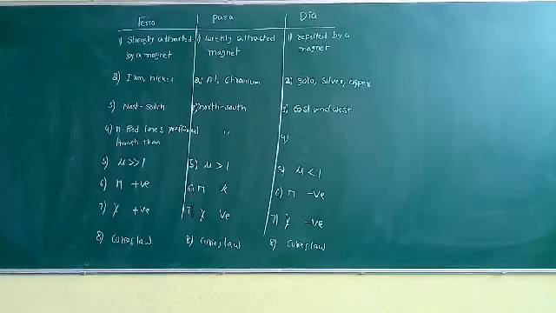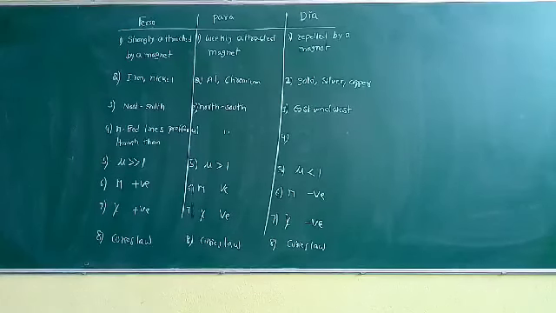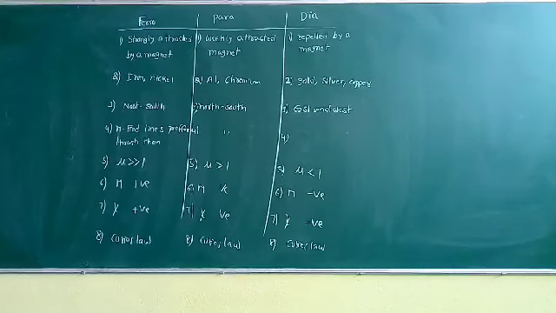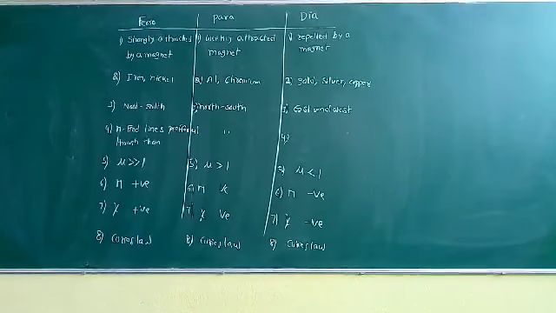When the ferromagnetic substance is kept in a uniform magnetic field, it immediately aligns in the direction of the applied magnetic field, that is north and south. The same happens for paramagnetic also. If the paramagnetic substance is hung in a magnetic field, it comes to rest in the north and south direction.